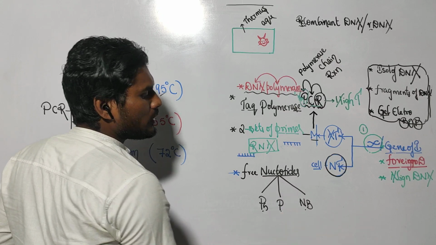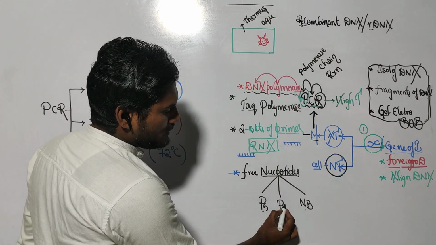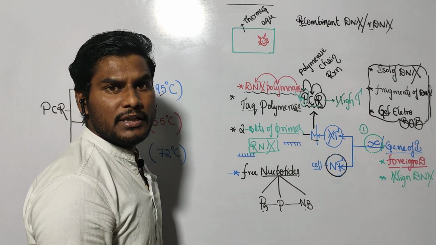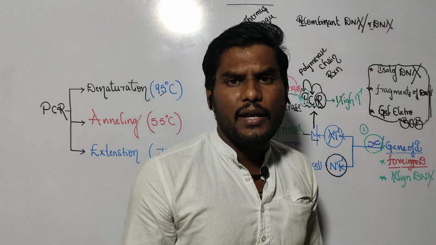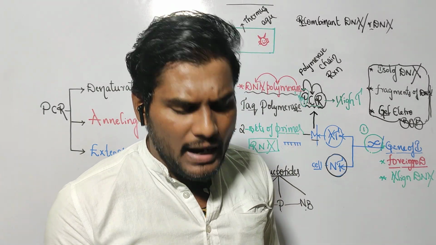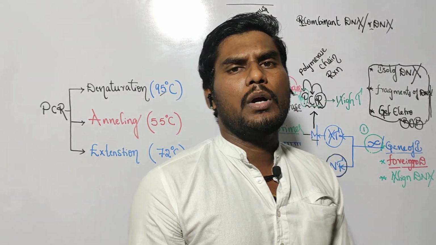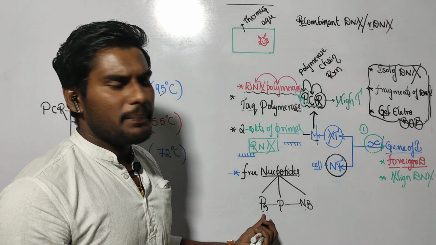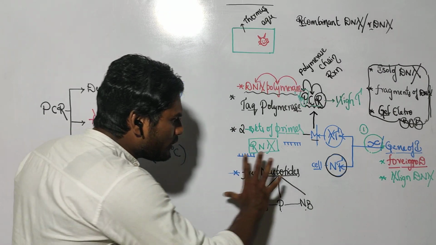These three components we call a nucleotide. It is an N-glycosidic bond here, and here a phosphoester bond. This you will get in the molecular basis of inheritance chapter, while I am teaching that chapter, and I will clearly explain what is this pentose sugar, nitrogen base, and phosphate. Okay, fine. Free nucleotides are required.